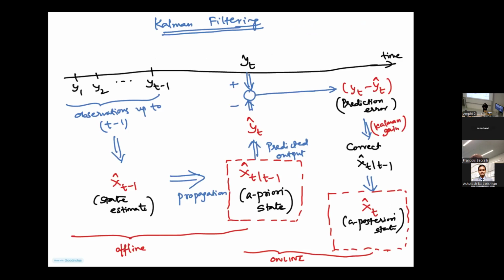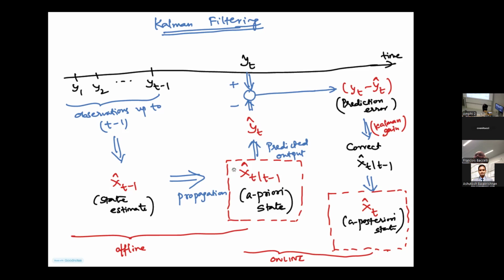So, in an overview, we start with the sample estimates up to t-1. Once we have the observations up to t-1, the first step is to get the state estimate x hat of t-1. Once we get the state estimate at t-1, we then need to make an intelligent guess of the state at t given t-1, which is called the a priori state.